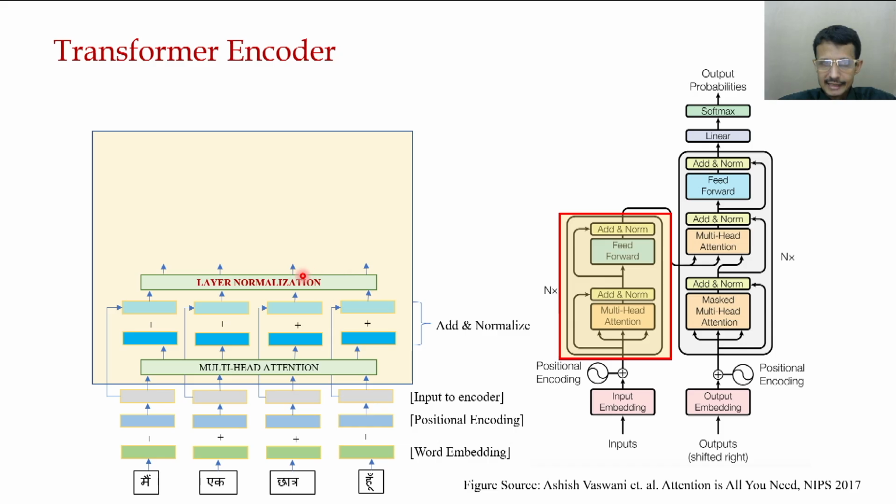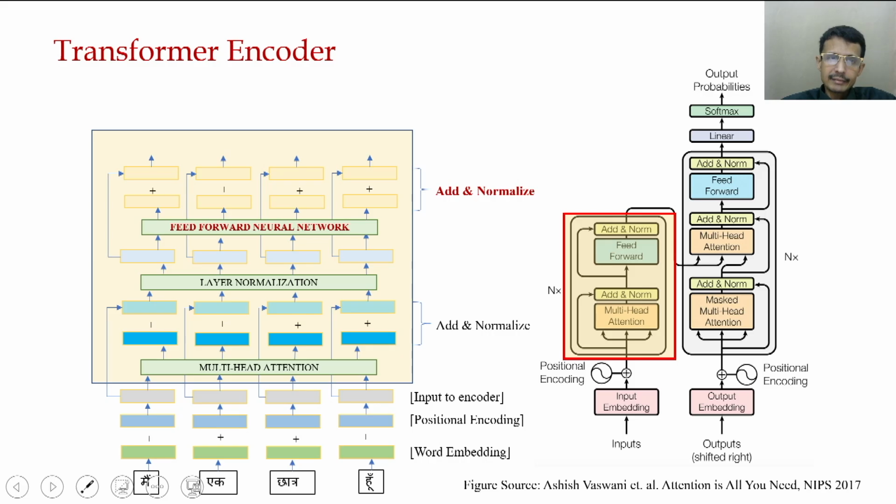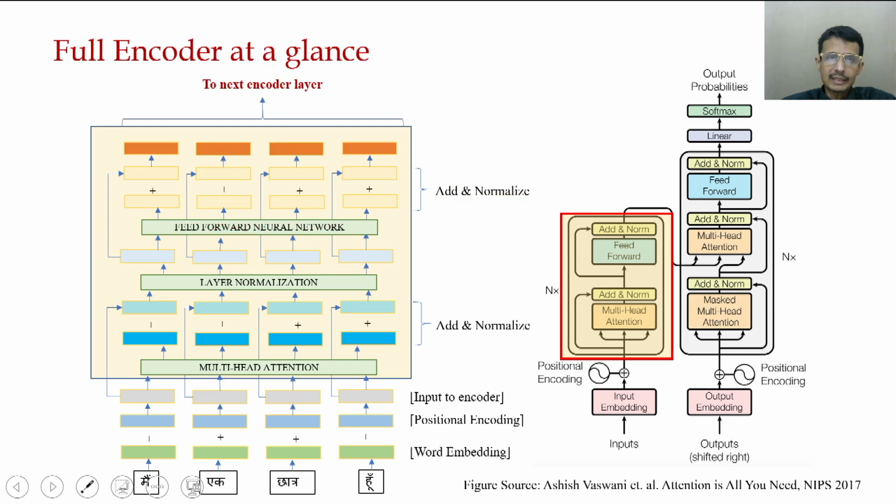We'll see in some later slide what exactly the role of layer normalization is. Then comes the feed forward neural network, and then again add and layer normalization, and finally we get this output that is ready for the next encoder layer. So as a whole, this is the encoder.